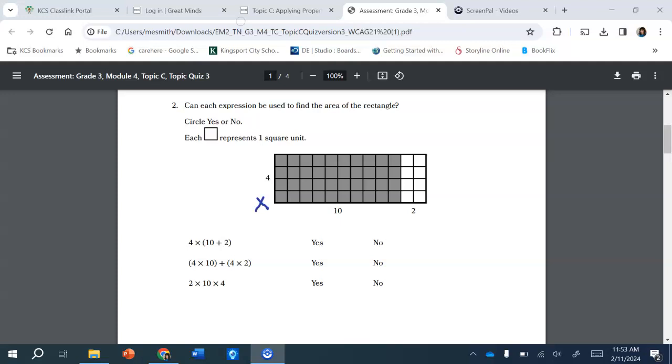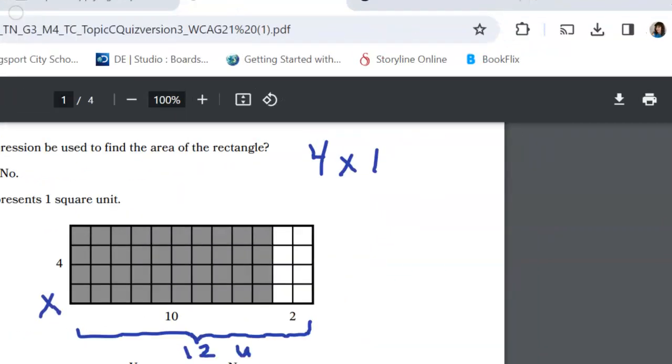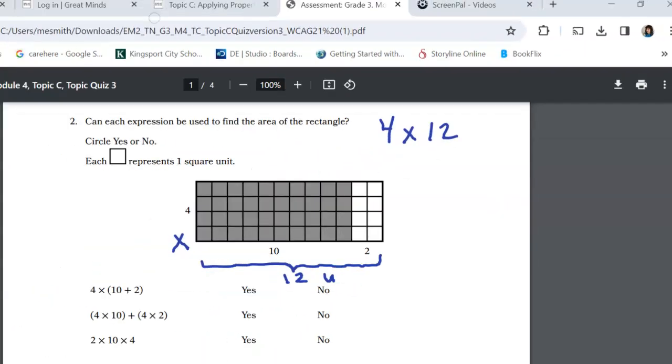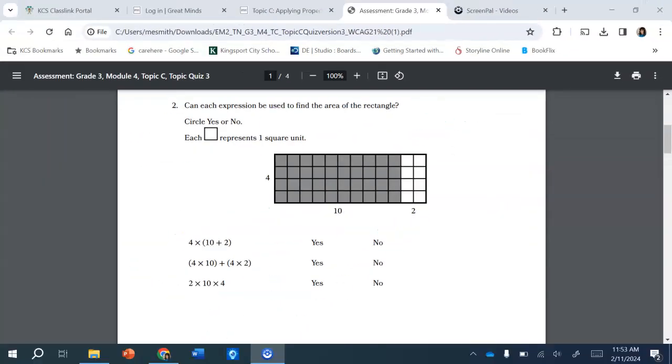So length times width. And in this case, if I look at the entire width of this rectangle, it is 12 units. Now, most students don't know their 12 facts yet, like 4 times 12. Because that might be difficult for them to find out, we instead break it apart into 4 times 10.